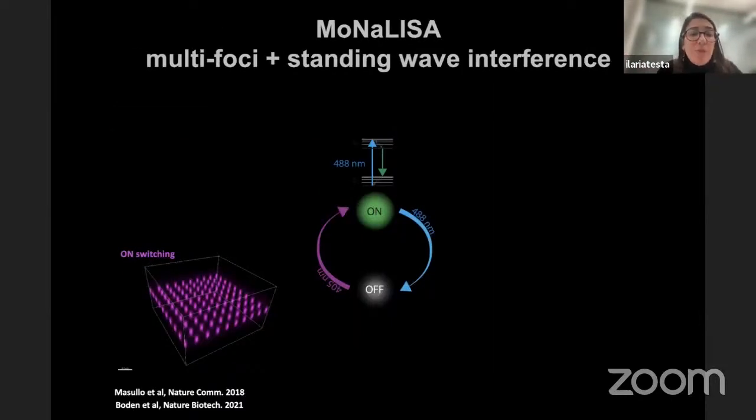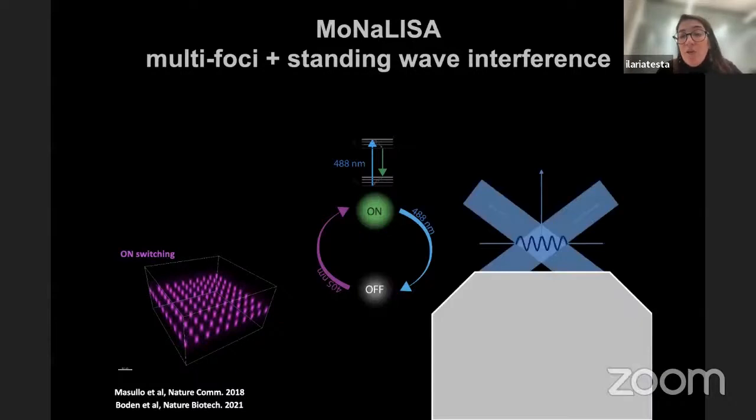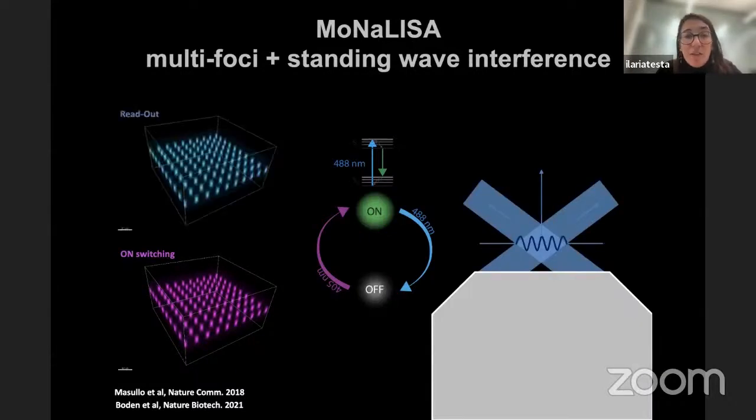So the way we do it, we use a microlens array for switching on. We use interference patterns that are very similar to the ones you have in structured illumination, but I will come back to that, to switch them off. And then again, microlenses to read them out.